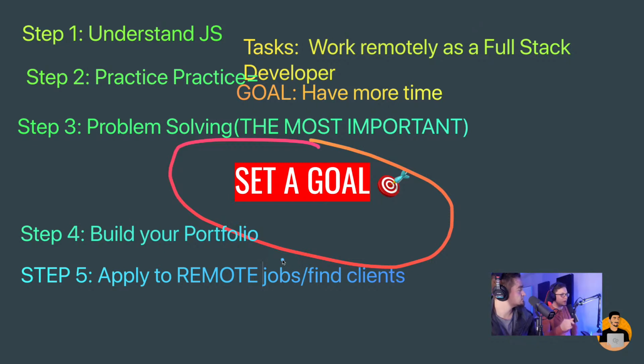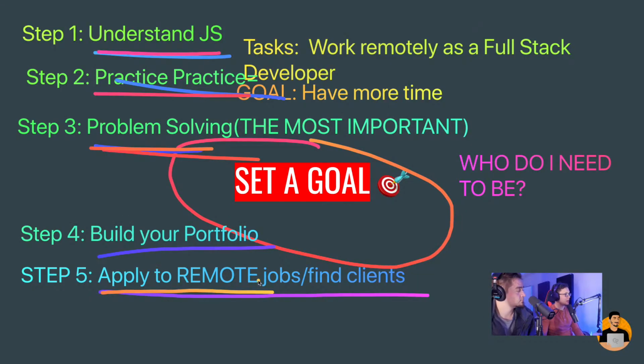But here's my biggest question though, Marek. And this is to everybody here. Literally to everybody here. Here's my big question to you. You said that yes, you have to do all these different things, right? I have to understand JS. I have to practice. I have to be a problem solver and build my portfolio and apply to remote jobs. But there's one big question that we need to ask ourselves. And that is very simple. Here's the question.